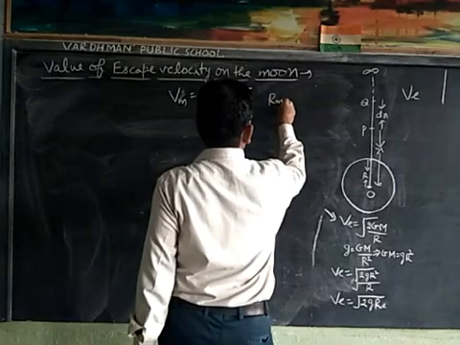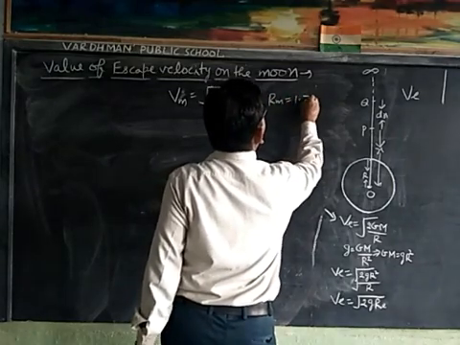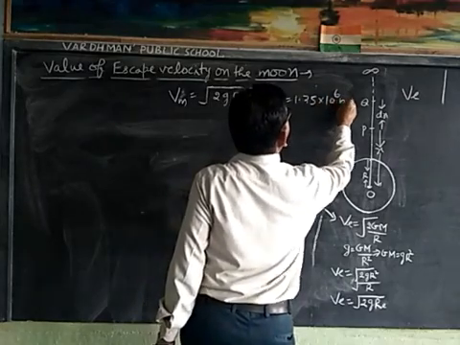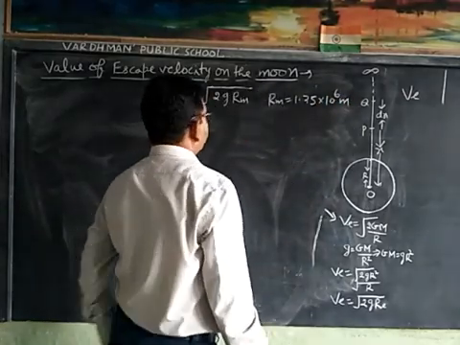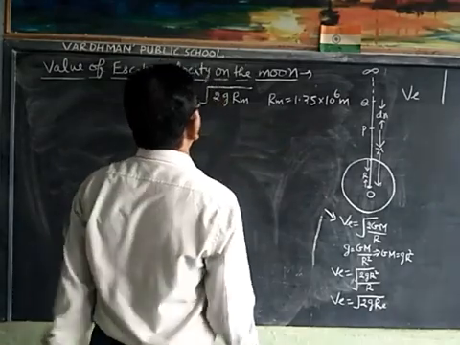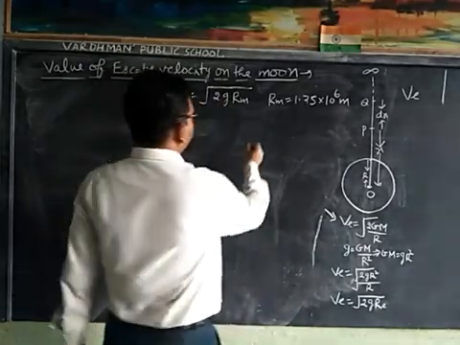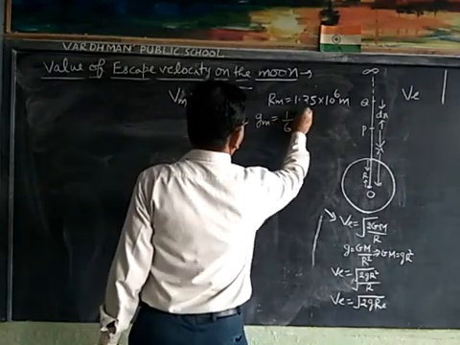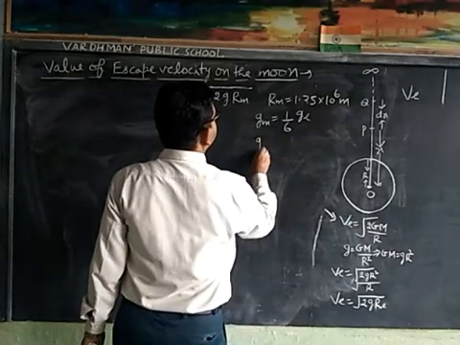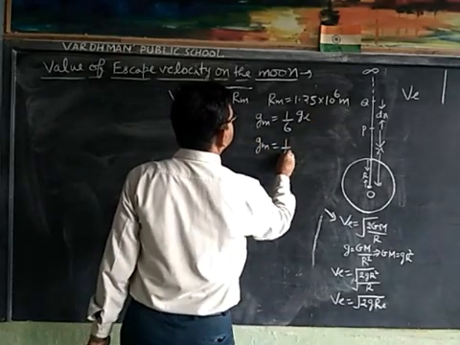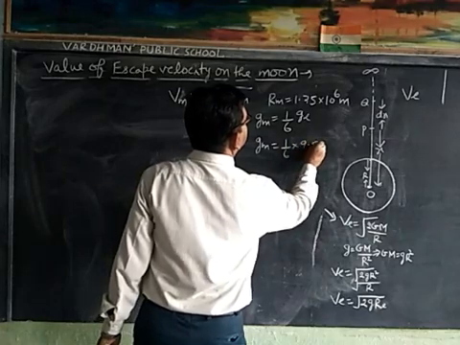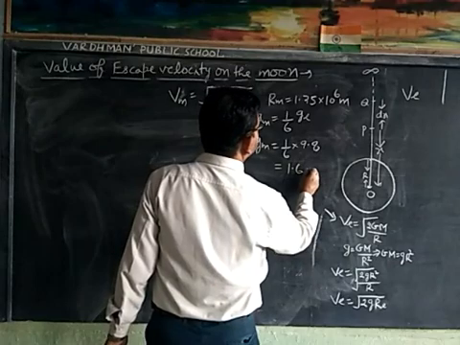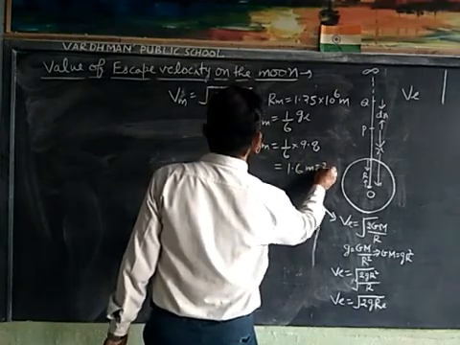And we know G on the Moon is 1/6 of the G of the Earth. In Earth, the value of G is 9.8, so G on the Moon is approximately 1.6 meter per second square.